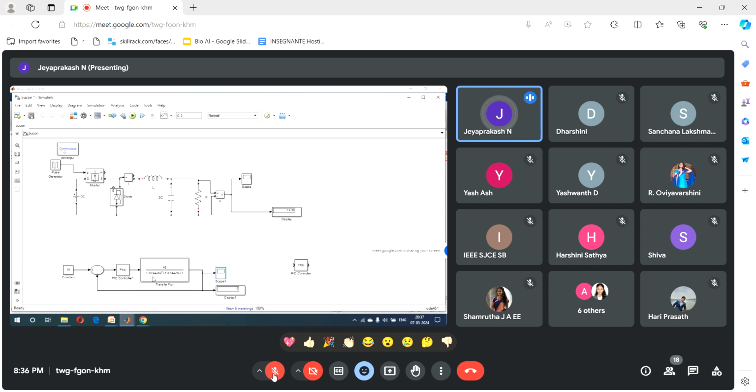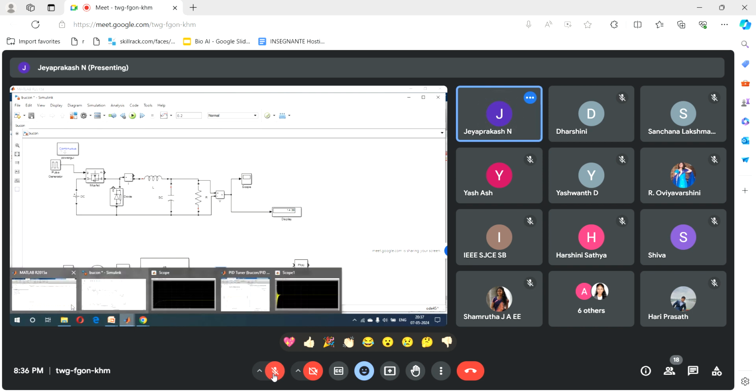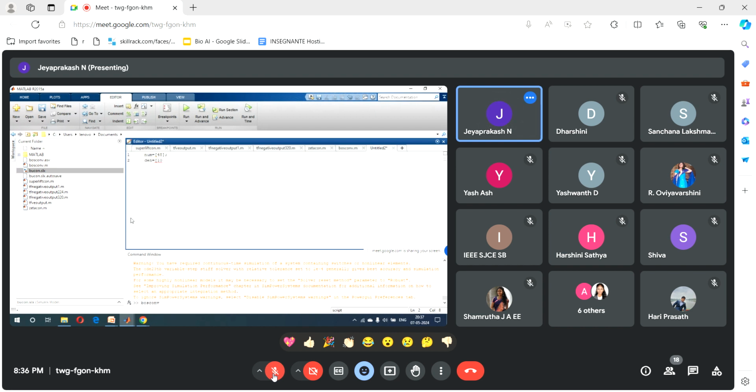The denominator is 1.0744e-8 s square term, and 1.074e-5 for the s term, and the constant term is 1.